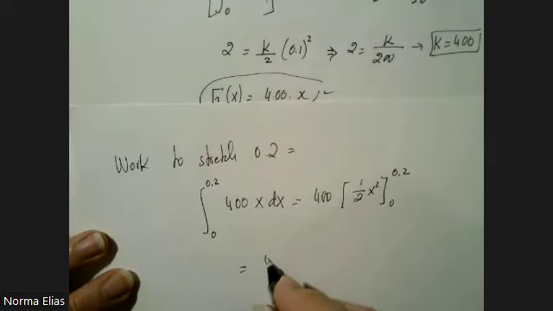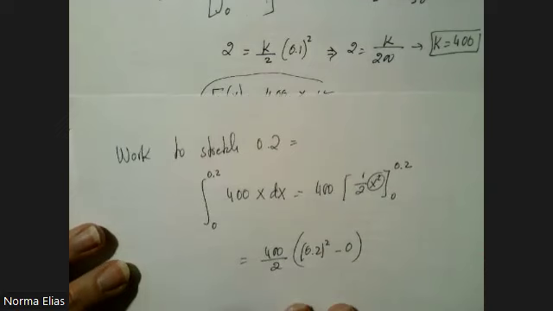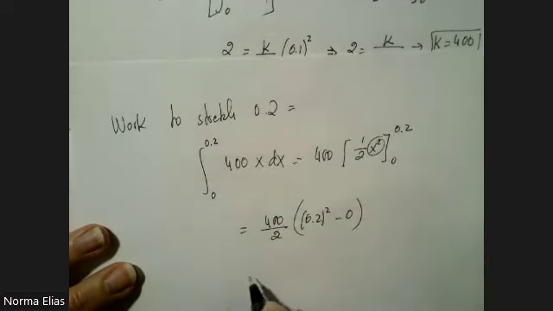This gives me 400 over 2 times 0.2 squared minus 0. Then I do the math, and I get, I think, 8 joules.